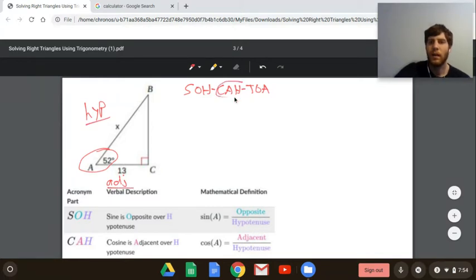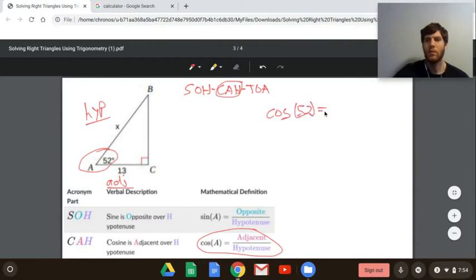So we're going to use the CAH here, which is cosine, right? So our angle is 52, so we're going to use the cosine of 52. And that's going to equal your adjacent side, which I guess we can abbreviate here.